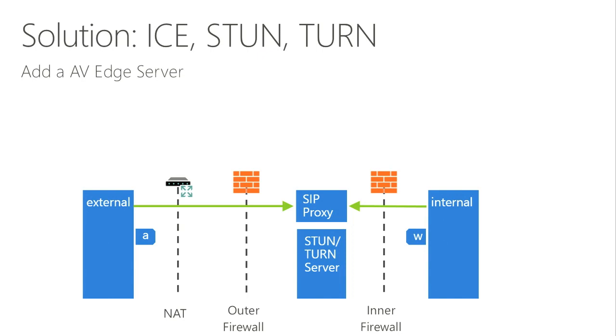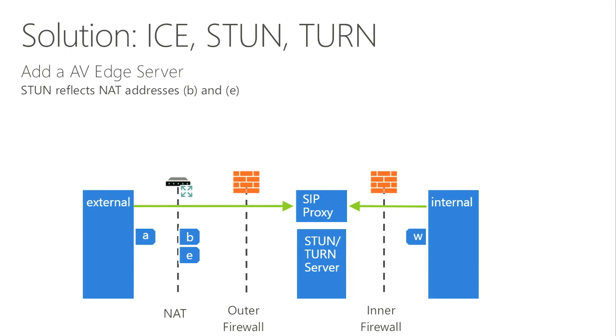Alice is only aware of the candidate A, this local IP address. Alice is not aware of the public IP address that's sitting on the NAT. So by sending a packet to the STUN server, it can tell us, well, actually, Alice, if I get a packet from you, this is the public IP address I can see, and maybe you can use that as a candidate. That's the first part. That's the STUN functionality.